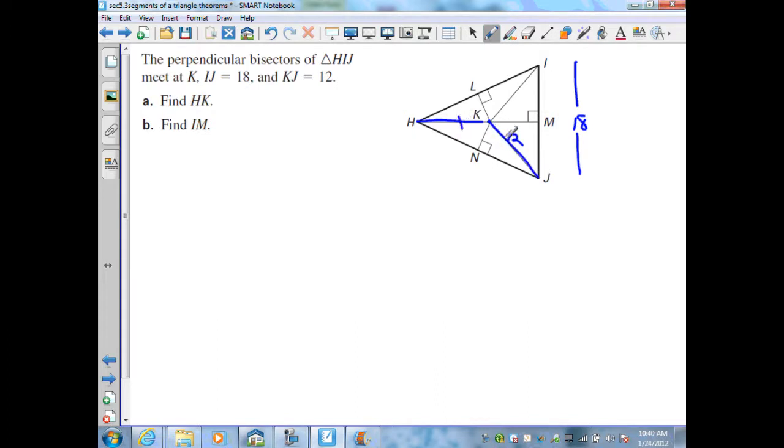Therefore, KH, KJ, and KI are congruent. I want us to find the length of HK. Since KJ is 12 and HK is congruent to that, HK is 12. They also want us to find the measure of IM. IJ is 18. M is the midpoint. Therefore, IM and MJ are both 9.